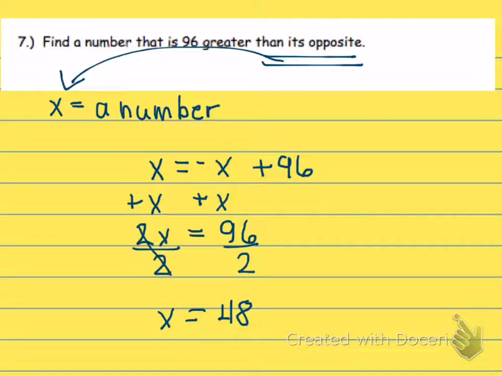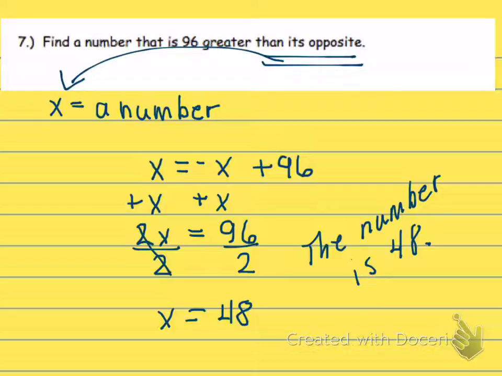Once you've solved the equation, you want to check your result with the words of the problem and give an answer. So, I would say the number is 48. We do want you to get into the habit of when you're given a word problem, you give a sentence answer.